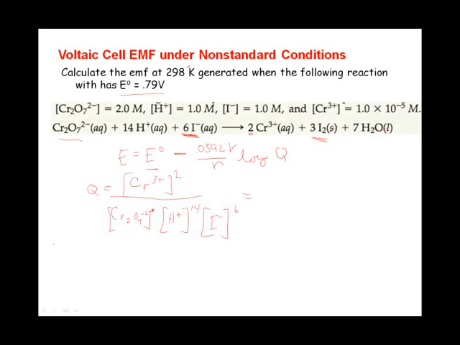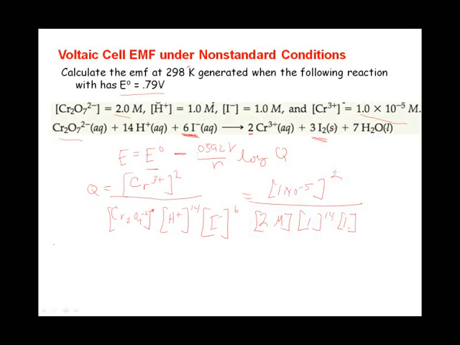And if I plug my numbers in, concentration of Cr3 plus is given to me here, it's 1 times 10 to the minus 5, and that was squared over my concentration of Cr2O7, which is 2 molar, and times the concentration of H plus, which luckily is 1, so it's 1 to the 14th, which of course will be 1, and my concentration of I minus is also 1.